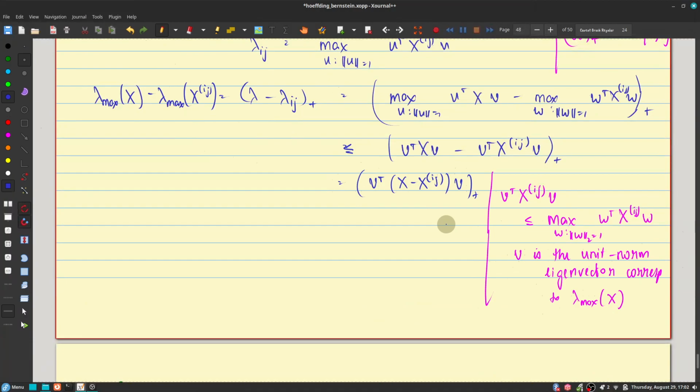Most of the entries are going to be zeros. Which entries are going to be non-zero? Only the i, j entry. Correct. It's a symmetric matrix, so the ijth entry and the j, ith entry are going to be non-zero.